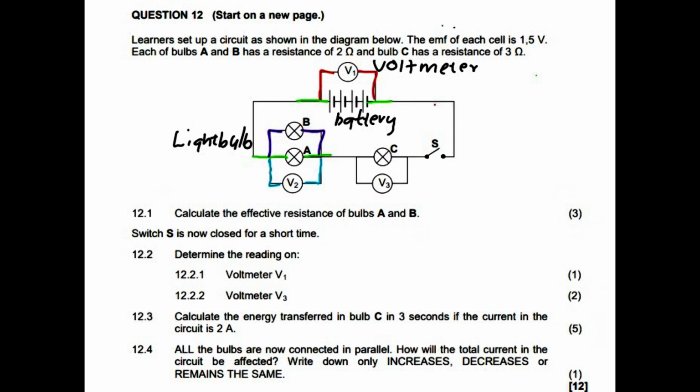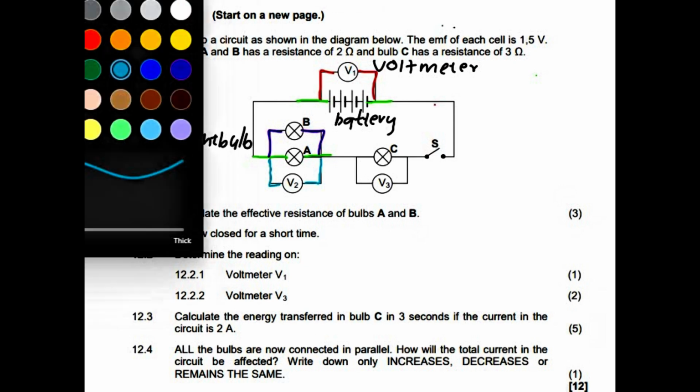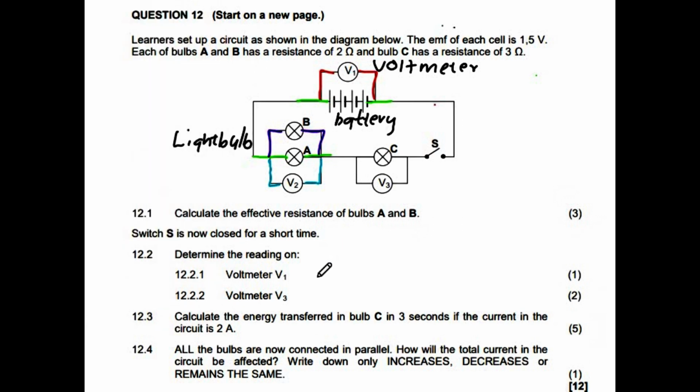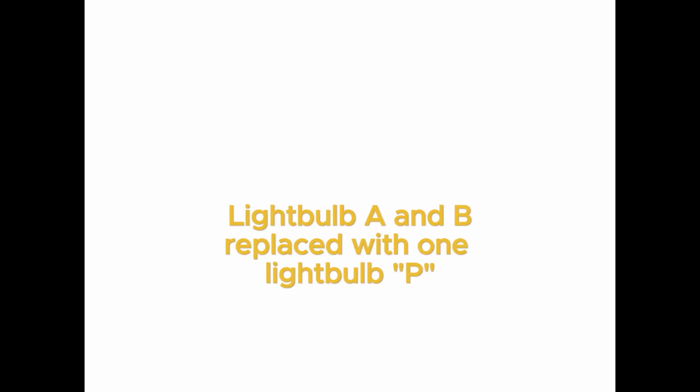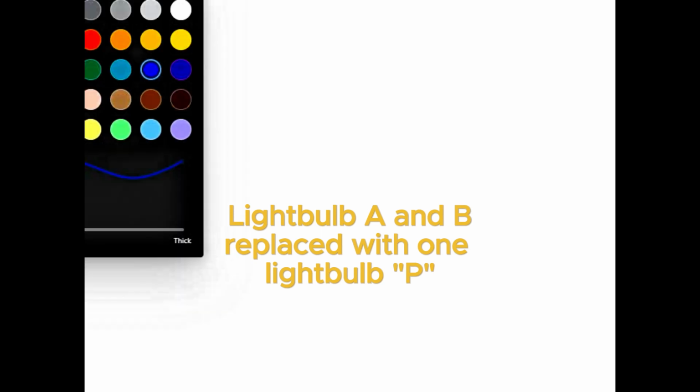Now, next we have light bulb C. But before I talk about light bulb C, I want you to imagine that I was replacing light bulb A and B with one light bulb. Let me call this light bulb P, in black.